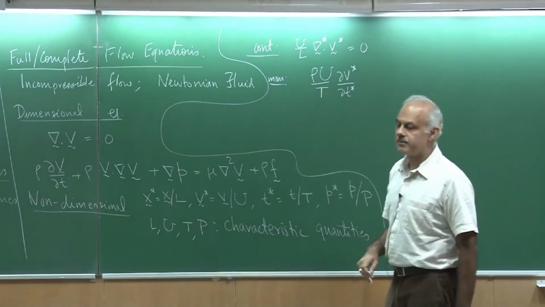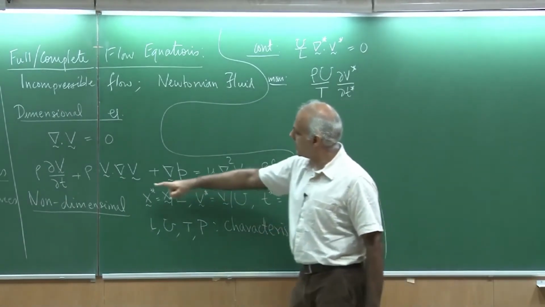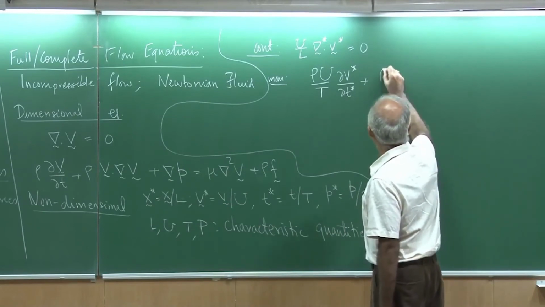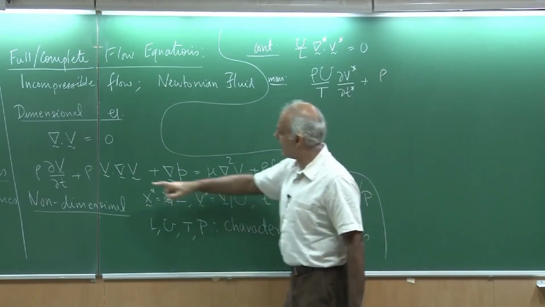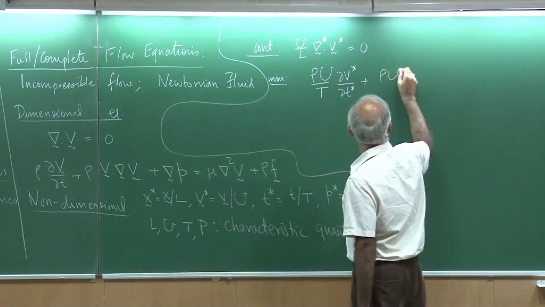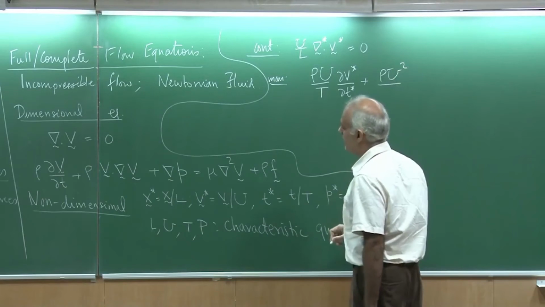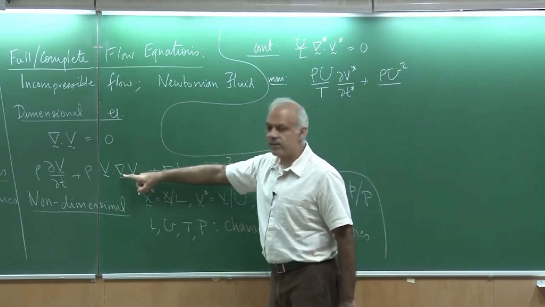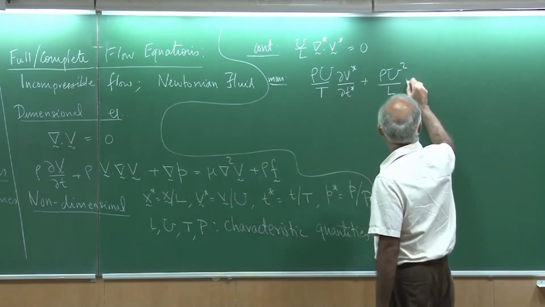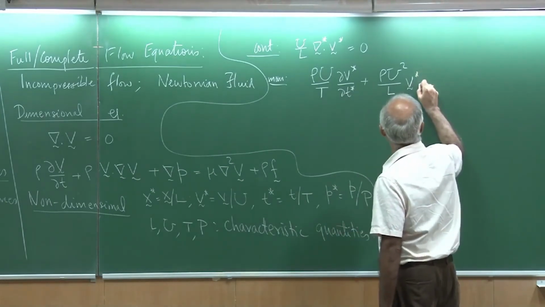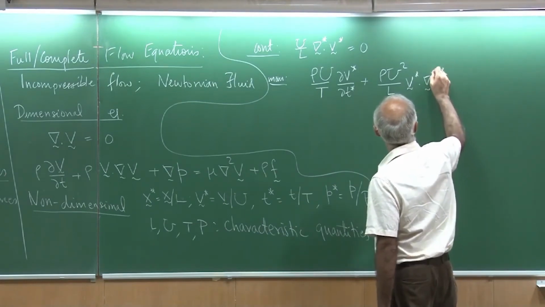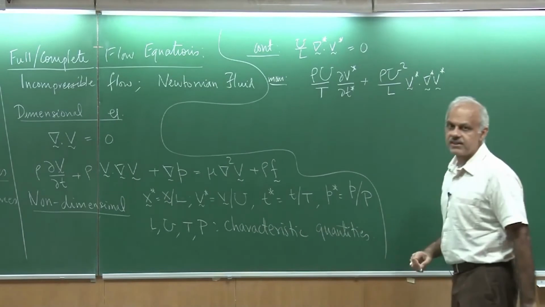So that's the first term. The next term is the convective term, and this would be plus rho. I get a U from this and a U from this, so I get a U square. And from the gradient operator I get a 1 over L, so I put an L here, and this term would be V star dot gradient of V star, but this is the non-dimensional gradient operator.